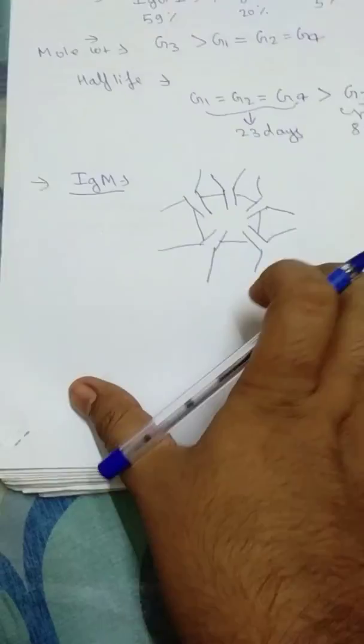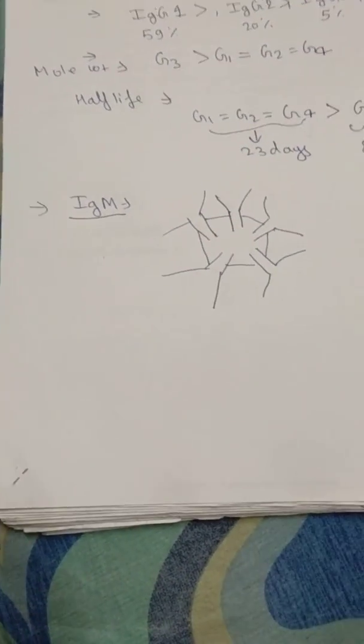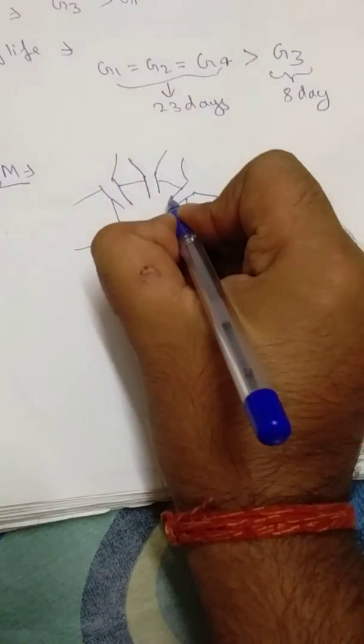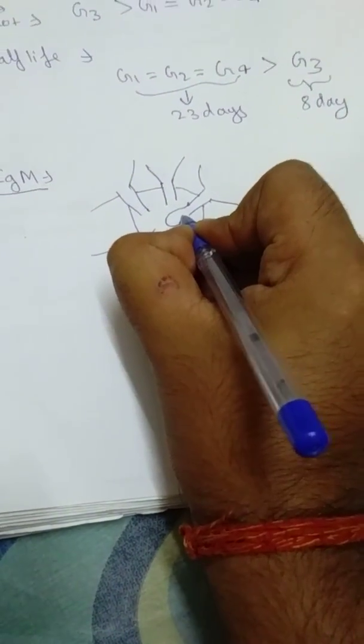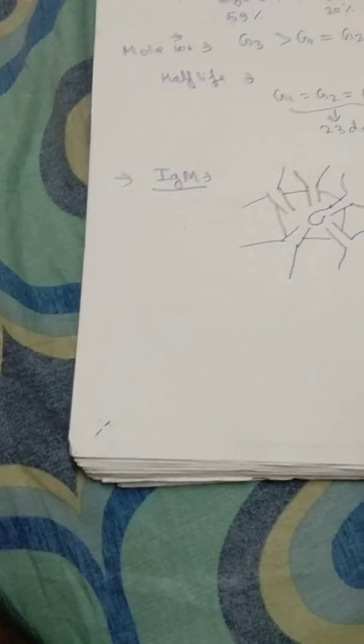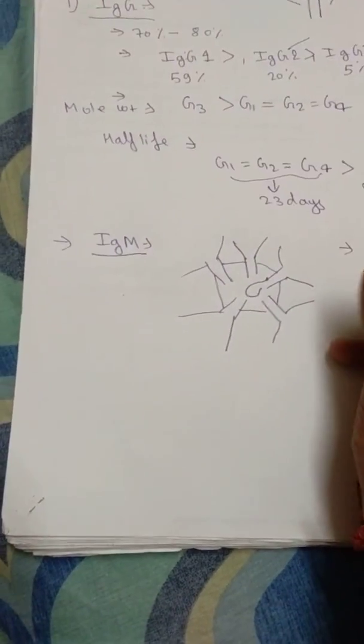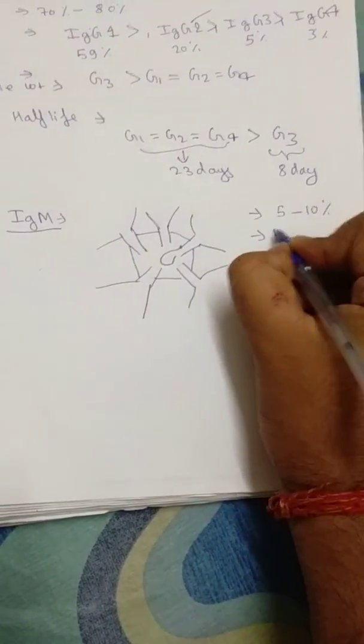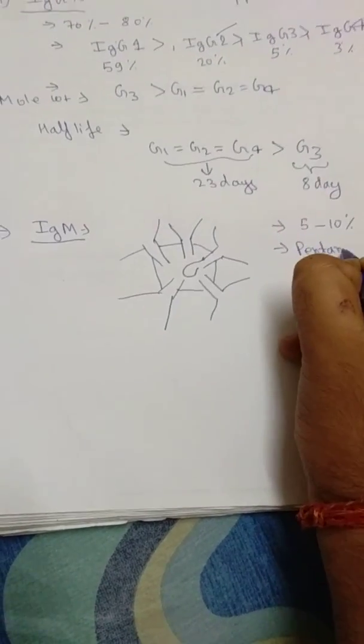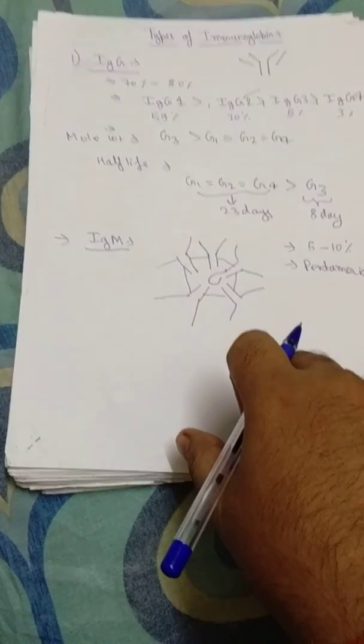An additional J chain is present in IgM. The concentration in serum of this immunoglobulin is only 5 to 10%. These antibodies are responsible for polymerization, and they are the first antibodies produced by newborn babies.